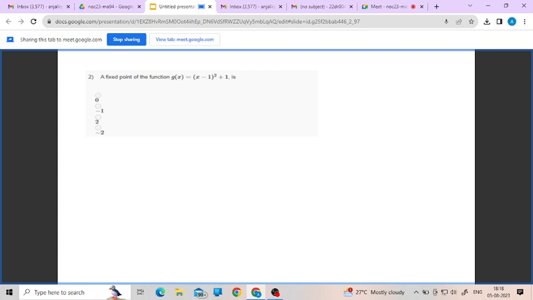Now let's move to the next question. What is the order of convergence of regula falsi method? You might be knowing this answer.